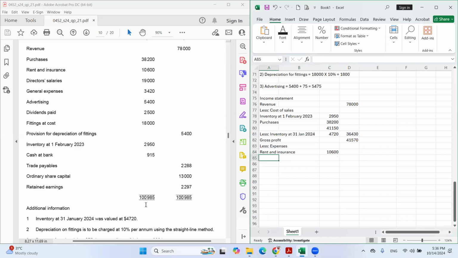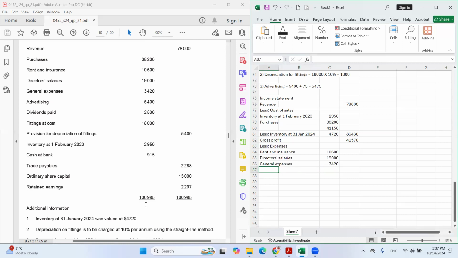Okay, the next one, director salary. Director salary is 19,000. And then general expenses. General expenses is 3,420.